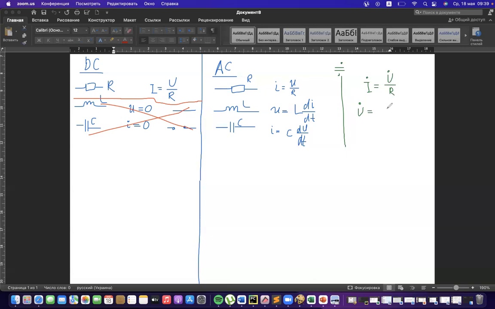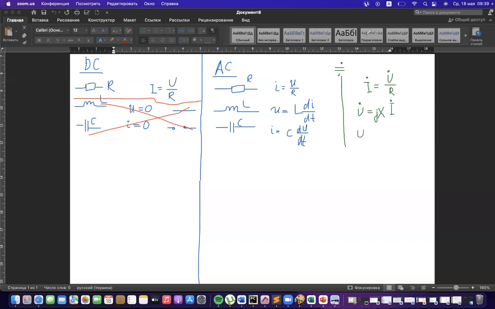We could also say that we obtain an Ohm law formula. It looks like imaginary resistivity, which we denote as X for the coil, multiplied by current.